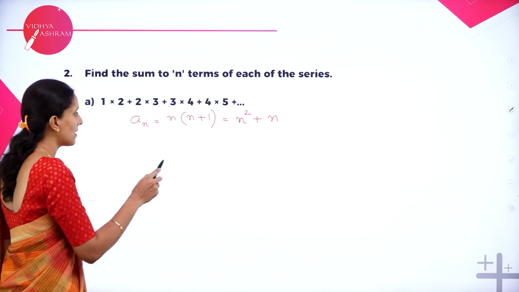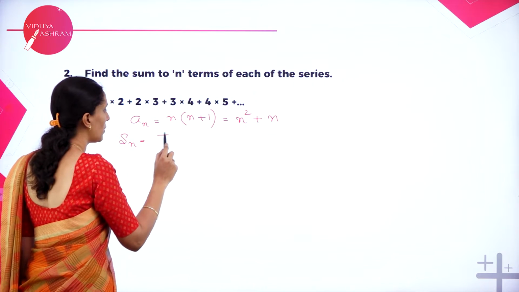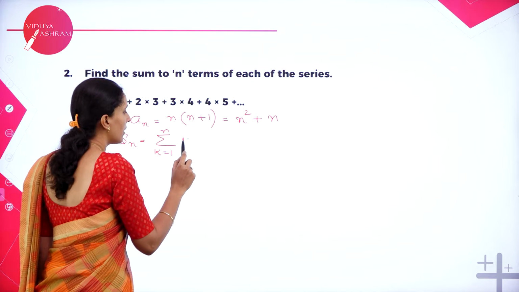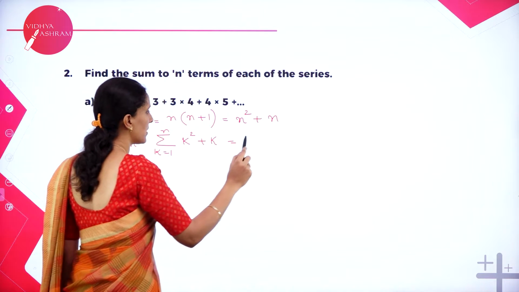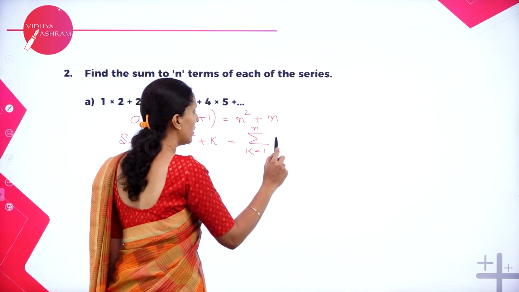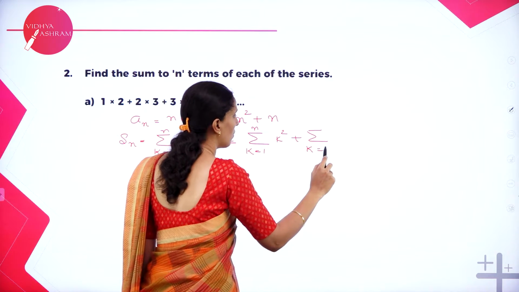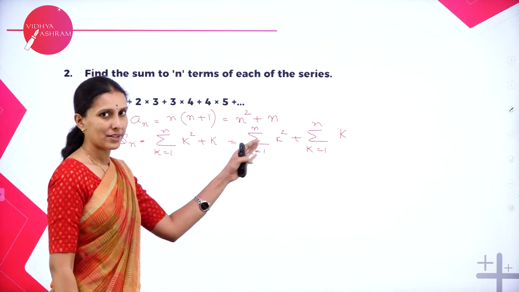Now, let us apply the summation, that is Sn. Sn is equal to summation k from 1 to n of k square plus k. If you apply the summation separately, it is summation k is equal to 1 to n k square plus summation k is equal to 1 to n k. Now, we know the formula for k square and k.